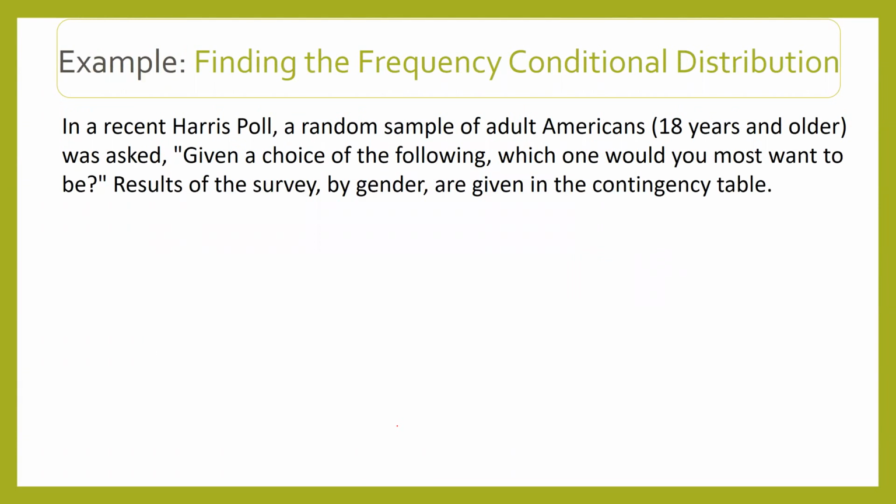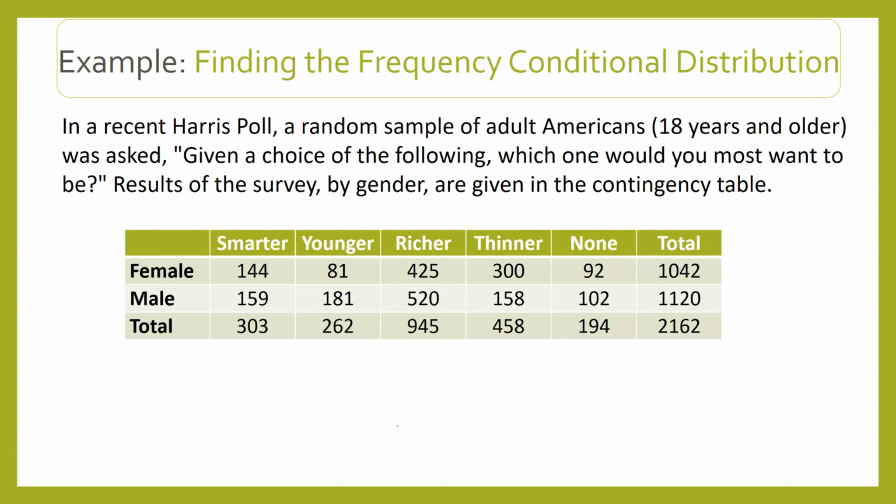All right, I want to give another example just to see a different view. In a recent Harris poll, a random sample of adult Americans, 18 years and older, was asked, given a choice of the following, which one would you most want to be? So results of the survey by gender are given in the contingency table here. Actually, this is a frequency marginal distribution.